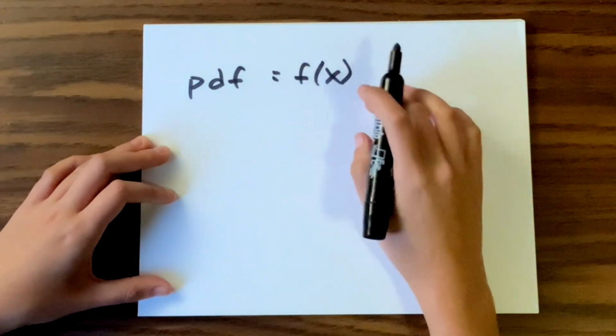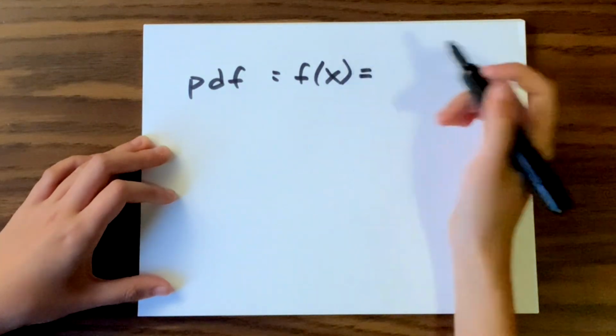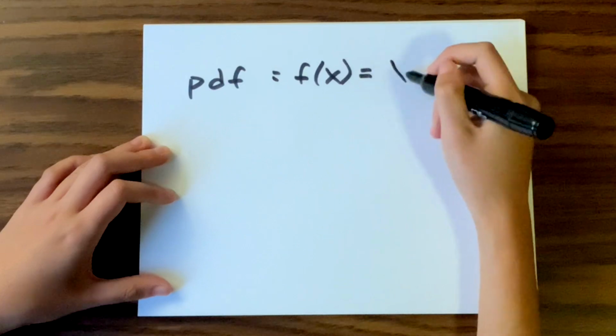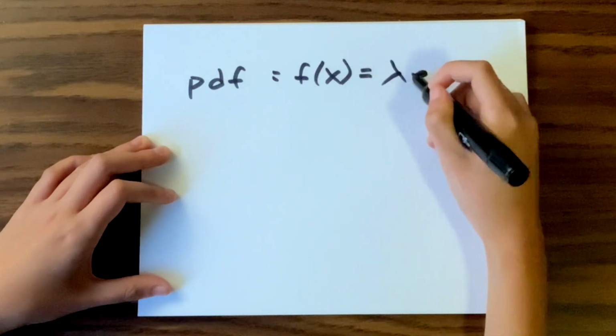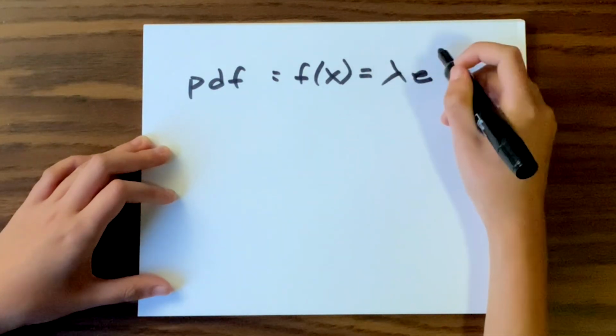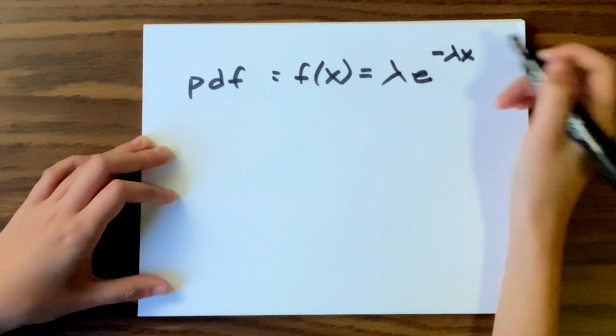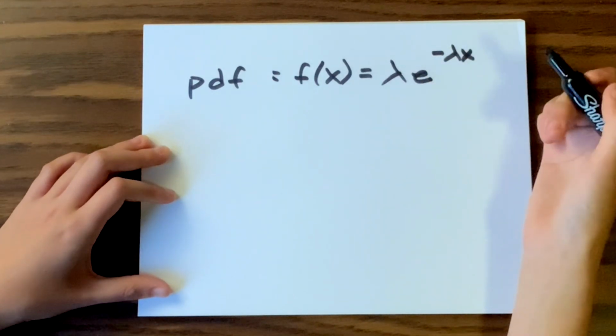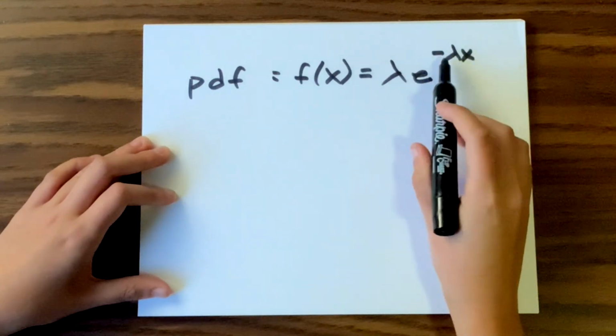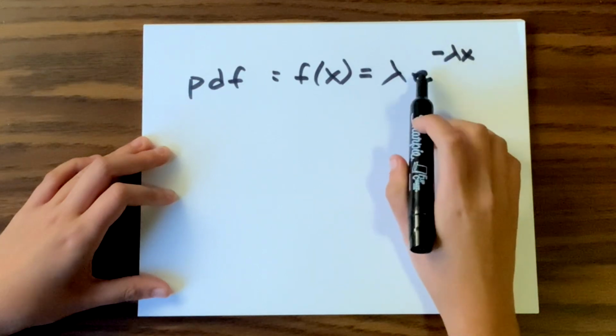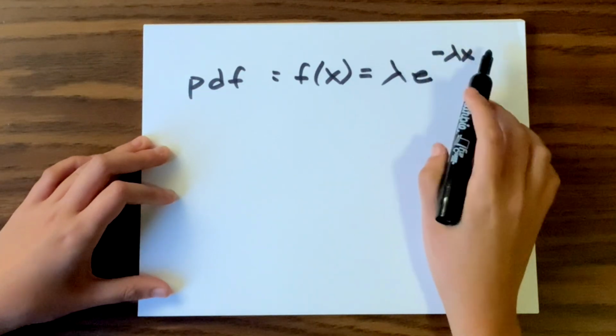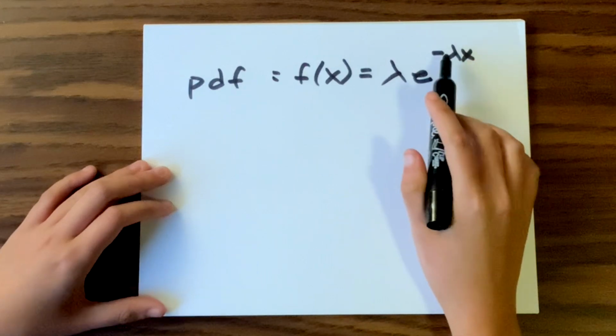So little f of x is equal to lambda times e to the power of negative lambda times our random variable x. Note that we're raising e to a negative value, so don't forget that negative sign there.